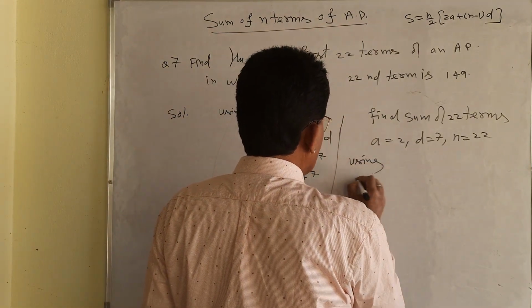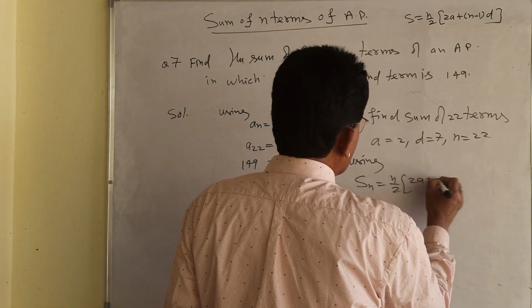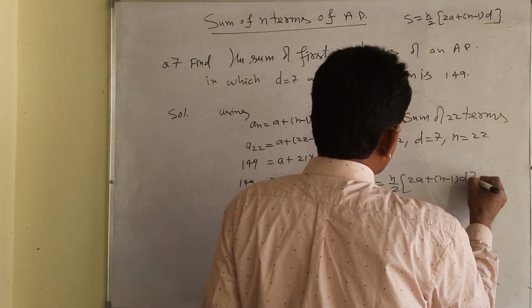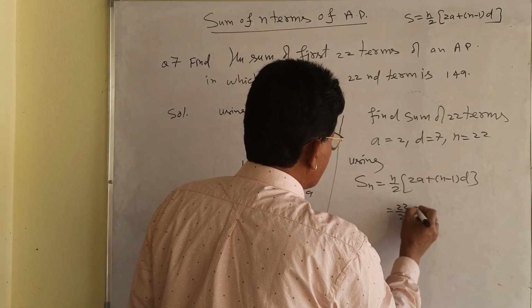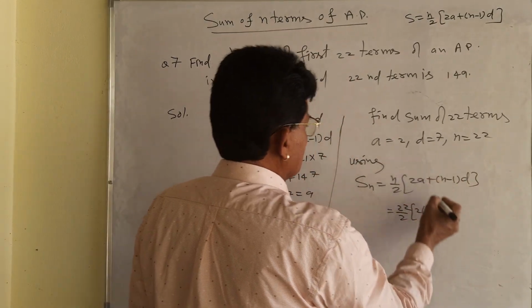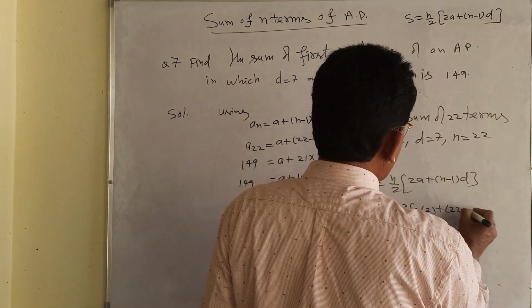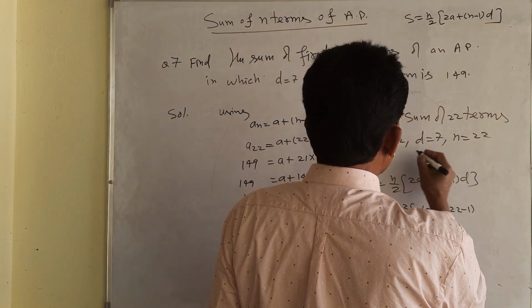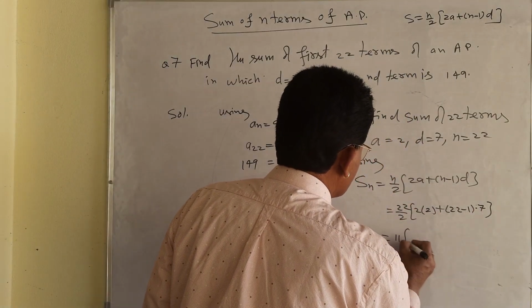You use the formula Sn will be equal to n upon 2 (2a plus (n minus 1)d). Use this formula. n, I told you, 22 by 2. 2. What is a? 2. Plus n, 22 minus 1. And d is how much? Into 7. Okay, that is 11.